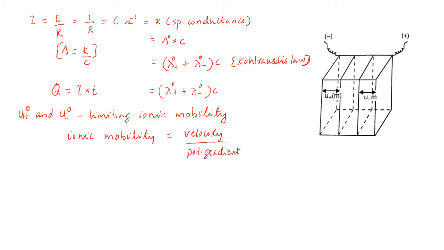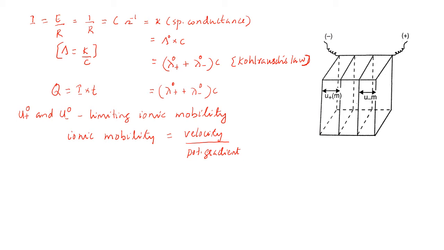And in this case, the potential gradient is unity, and in unit time, ionic mobility changes to distance, or we can say in unit time, all cations within this distance U plus meter get discharged at the cathode, and all anions within the distance U minus get discharged at the anode.